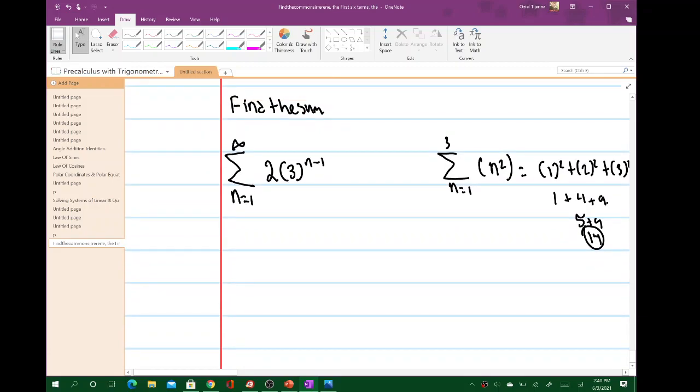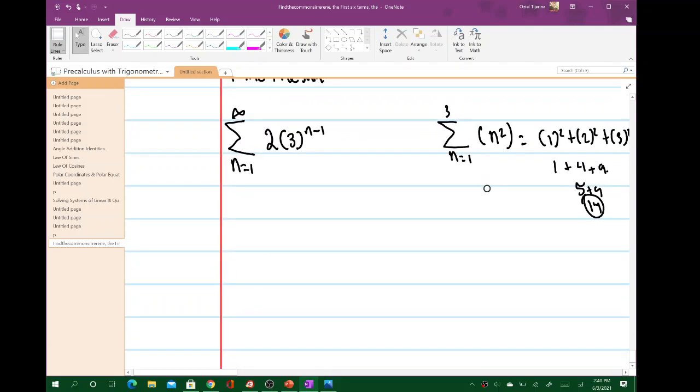You can try: 2 times 3 to the 1 minus 1 plus 2 times 3 to the 2 minus 1 plus 2 times 3 to the 3 minus 1 plus dot dot dot. And you're wondering, okay, how do I get to infinity? How do you actually find the answer to this? And then you start to think, well, there is no answer.